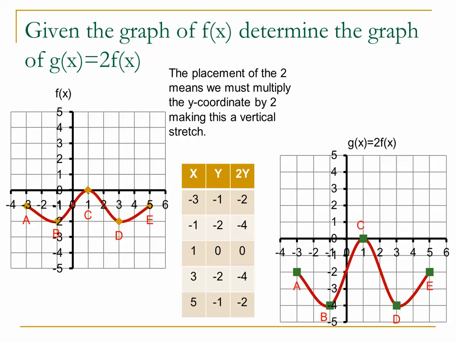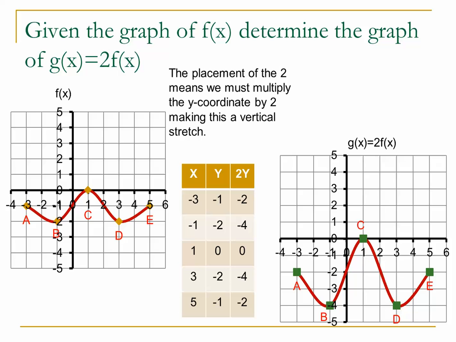So point A now has the ordered pair of 3, -2. Point B is -1, -4. Point C stays the same because anything times 0 is still 0. D moves to 3, -4.